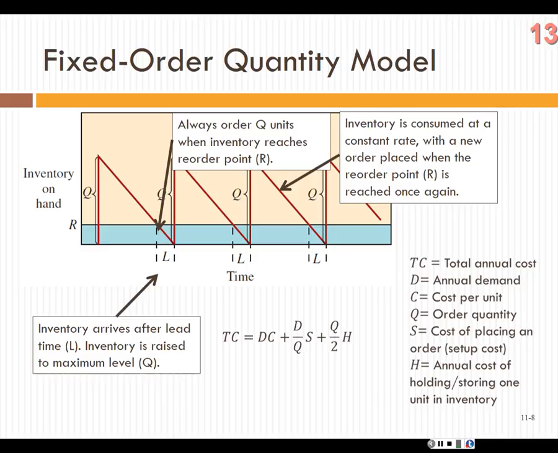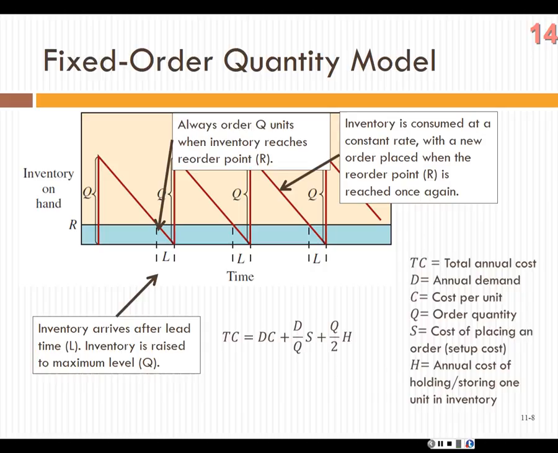Okay, what was the formula for our ordering costs? D divided by Q times S. Yep. And so I'm going to set that equal to my holding costs, which are what?